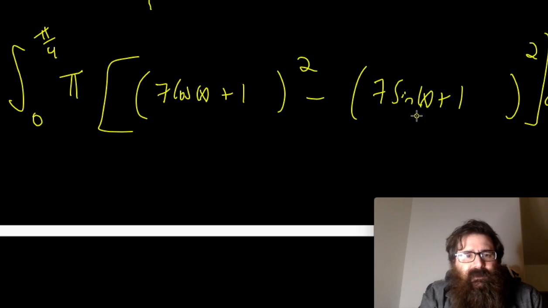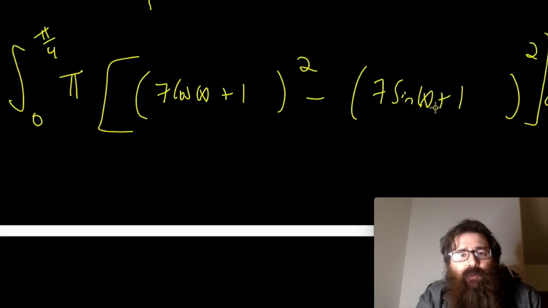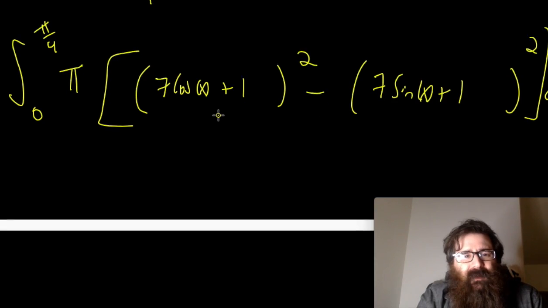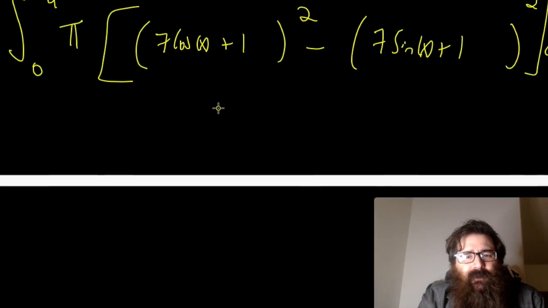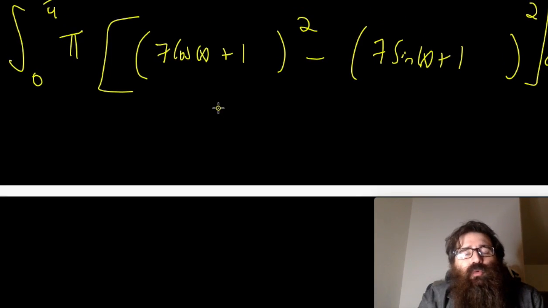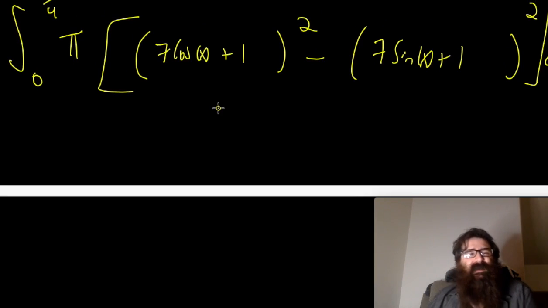Let me just talk a bit of strategy. You do want to FOIL each of these, F-O-I-L, multiply it out, and distribute that minus sign through as well. When you want to integrate, you're probably going to be dealing with a cosine squared and a sine squared. I would want to use some trig identities to help with this.